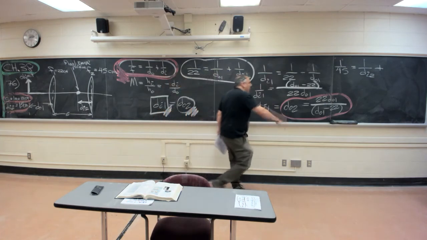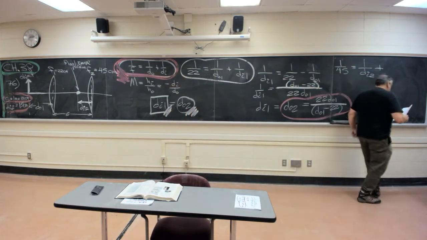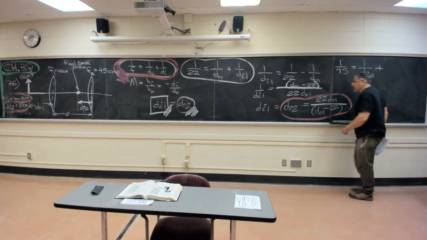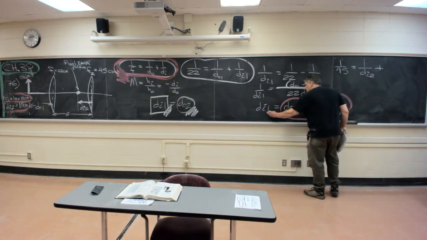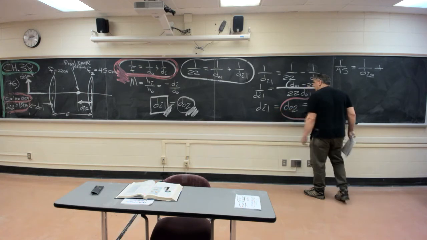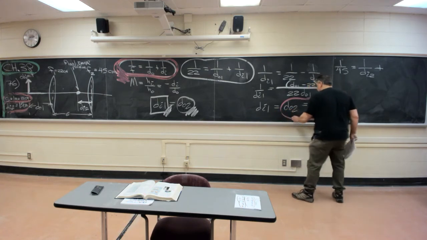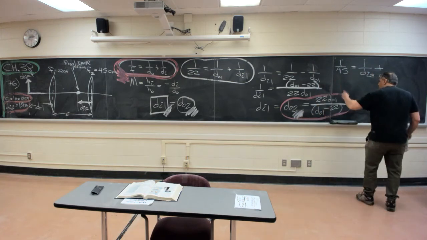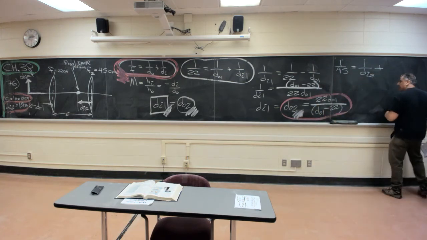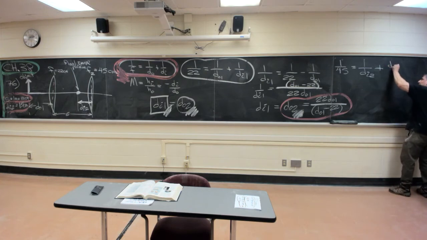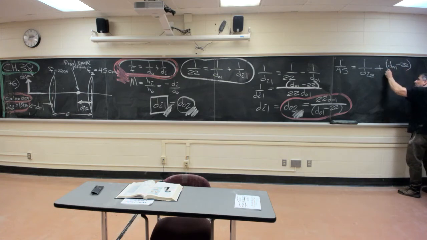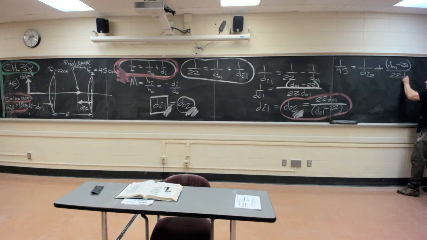That doesn't matter. I put 1 over di over here. The object is this guy, which is now the do. DO2 is this. So 1 over this is DO1 minus 22 over 22 DO1.